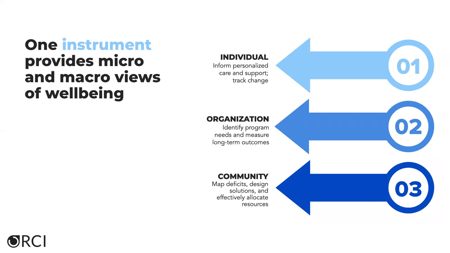If you're an organization, a hospital system, a behavioral health agency, whatever it might be, when you start to see the individual results across all of those various components of social determinants, you can then begin to look at your program issues or challenges.